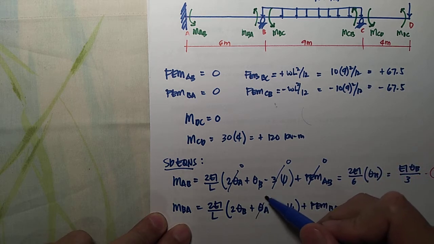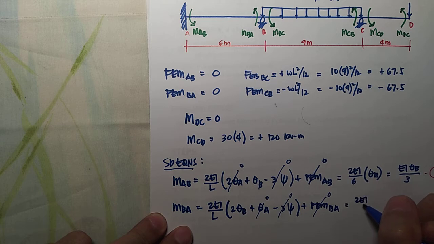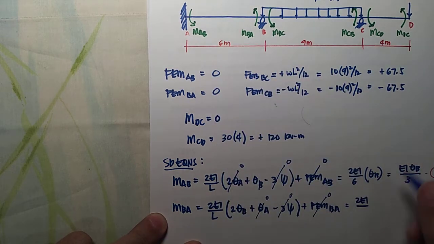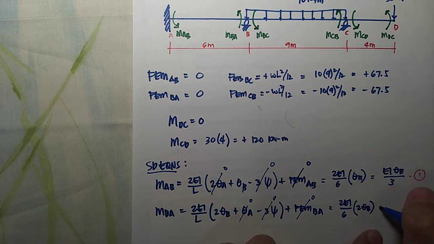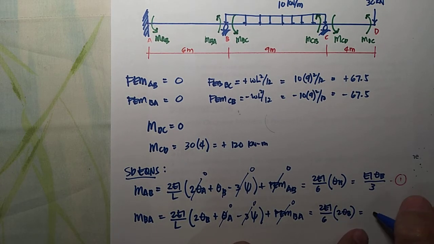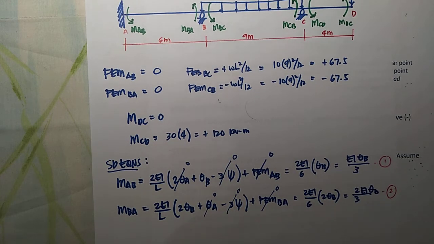Again, theta A is 0, delta is 0, FEM BA is 0. So what is left is 2EI over L, where L is 6 meters, times twice theta B. Simplifying, this becomes 4 over 6, or 2/3 of EI theta B. So that is our second equation.